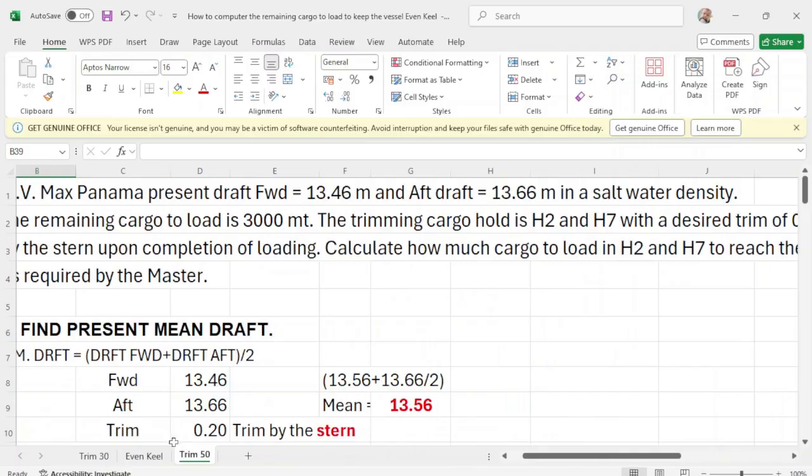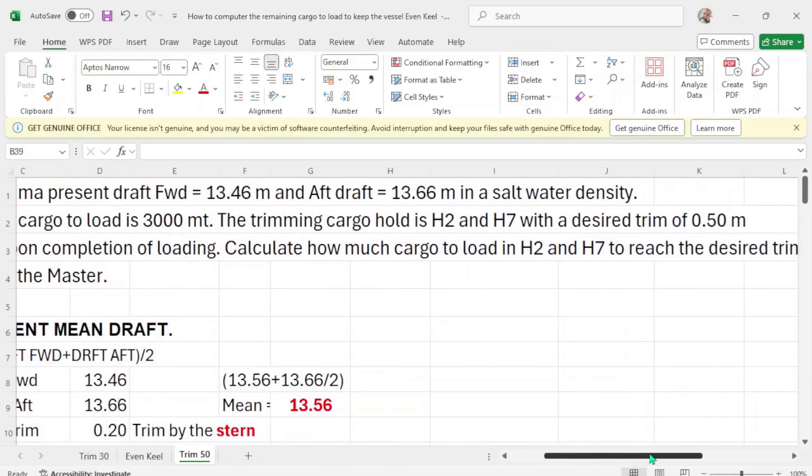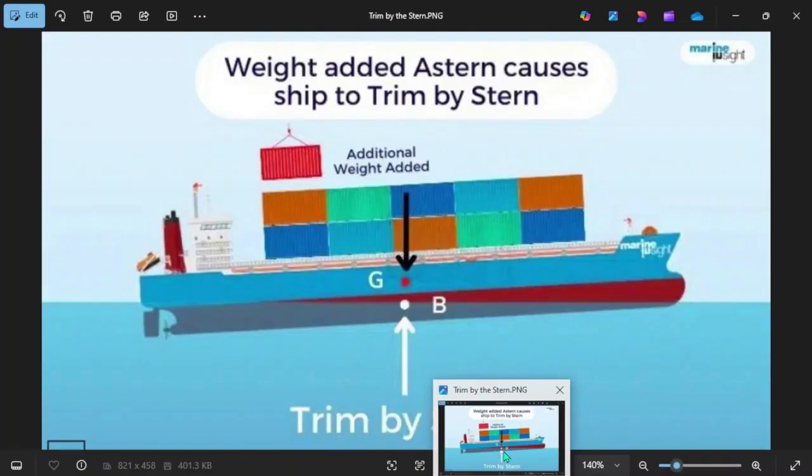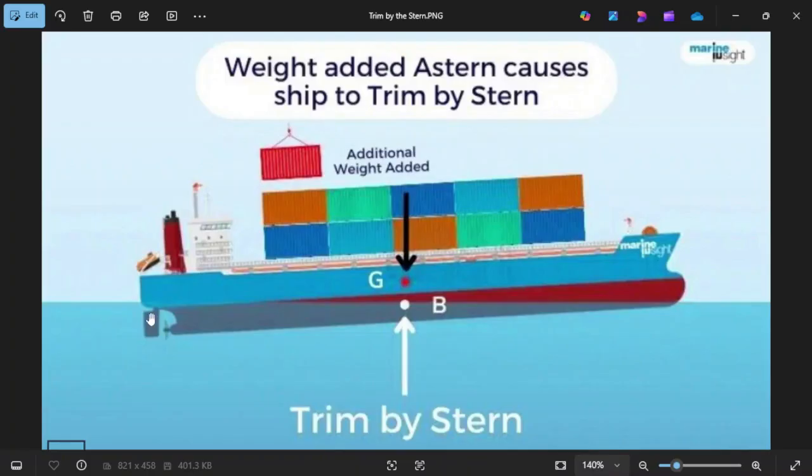So your present trim is 20 centimeters, okay? But you have to make it 50. So meaning to say, if your present trim is 20 centimeters, this up you have to sink a little more, so that you will have a trim of 50 centimeters. So this one goes down, this one goes up. If this one goes down, you add, and this one goes up, minus.